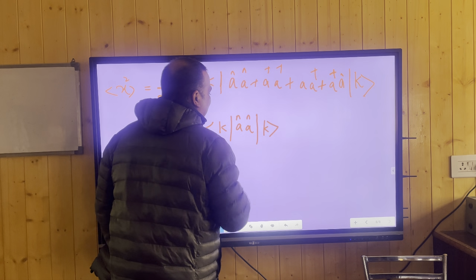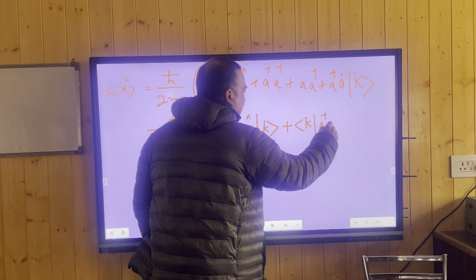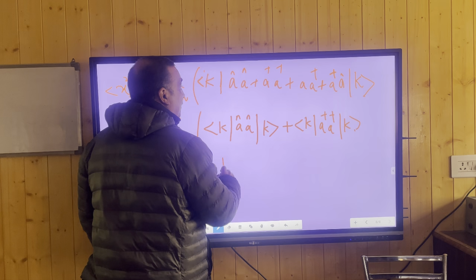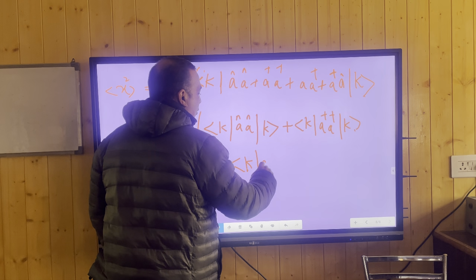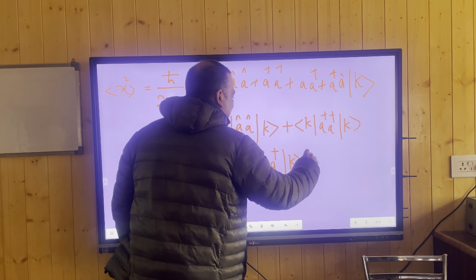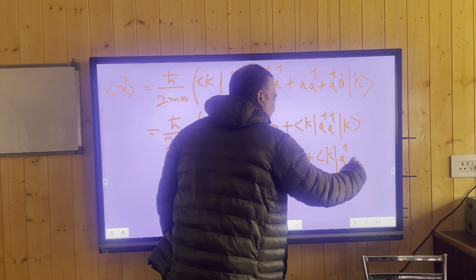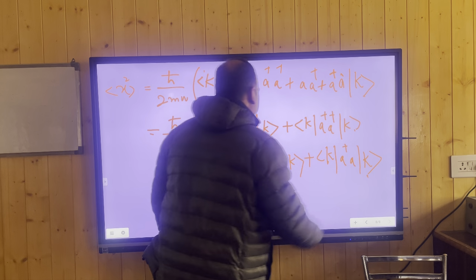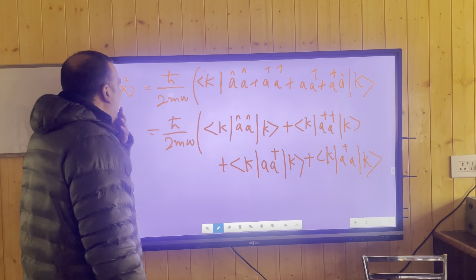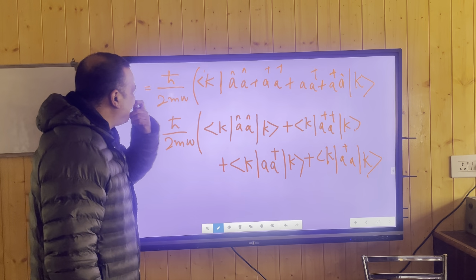You will have your <k| back, then plus <k|, you will have the creation operator, and then the third term will be <k|, then you will have the annihilation operator and creation operator, and you will have <k|, then <k|, you will have the creation operator, annihilation operator, and you'll be left with <k|. So this kind of expansion we are going to obtain by using the properties of brackets, so that you have these independent terms falling in each bracket.